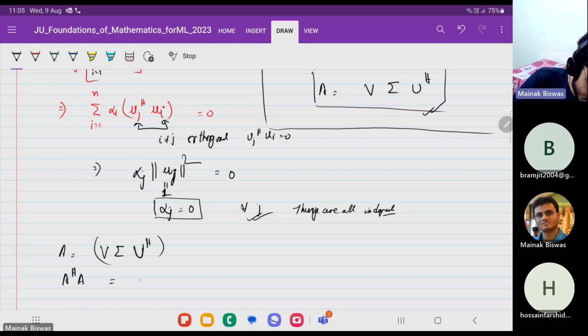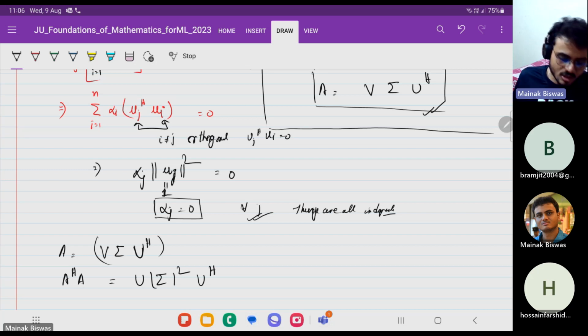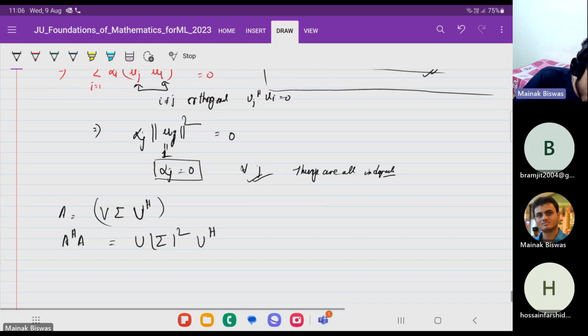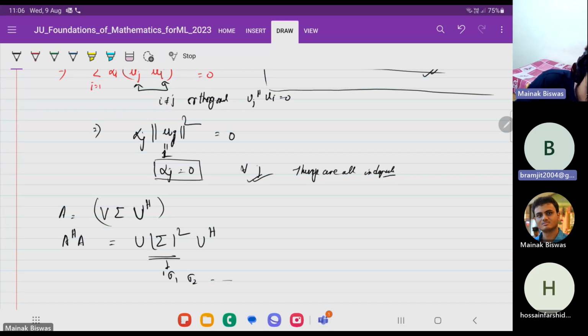A Hermitian A will be U sigma squared U Hermitian. Yes or no? So you can say sigma 1, sigma 2, and so on.